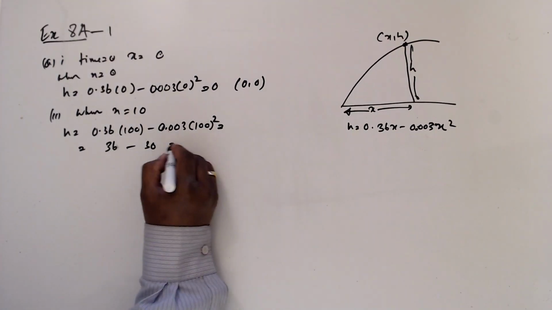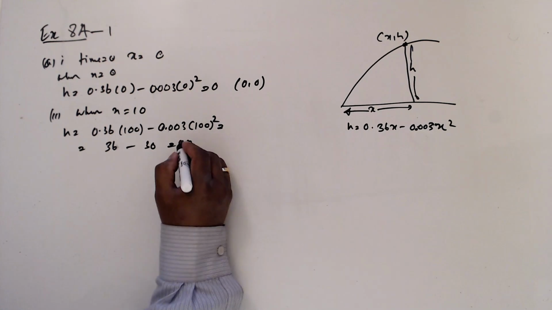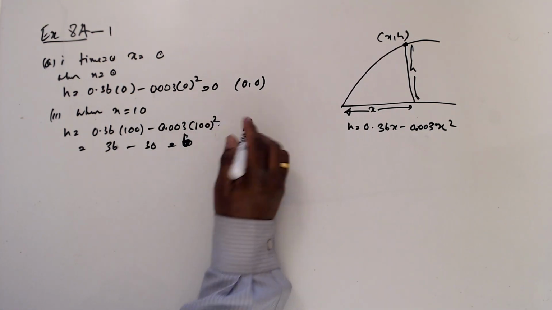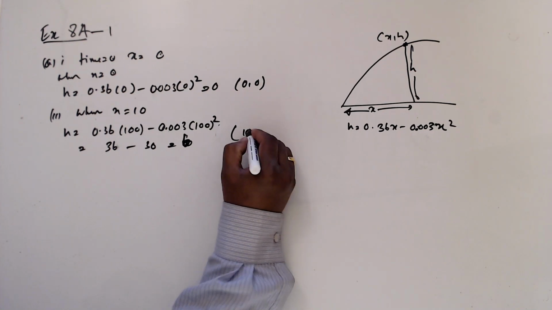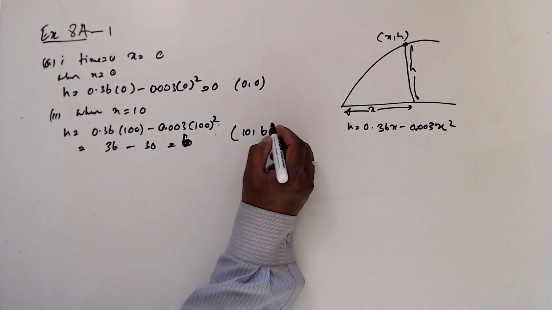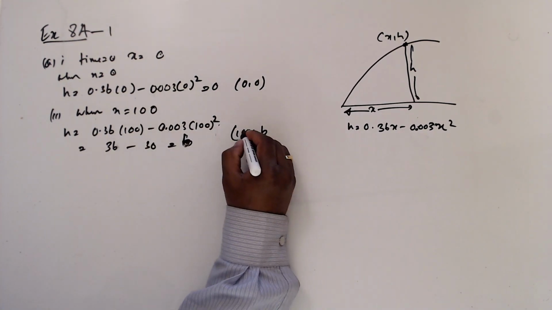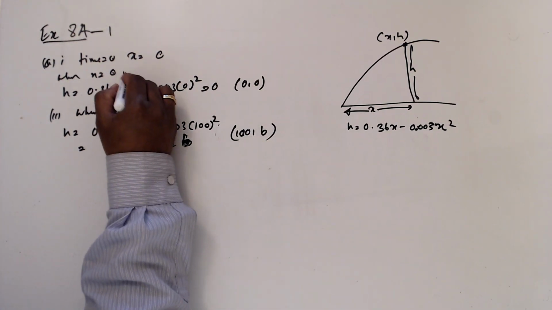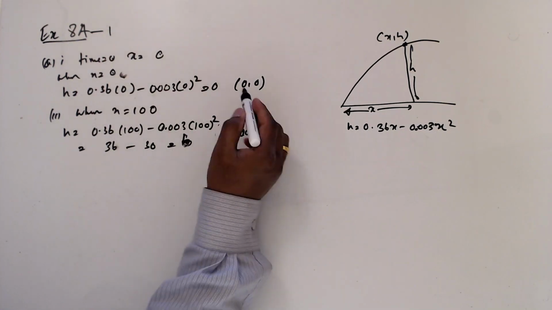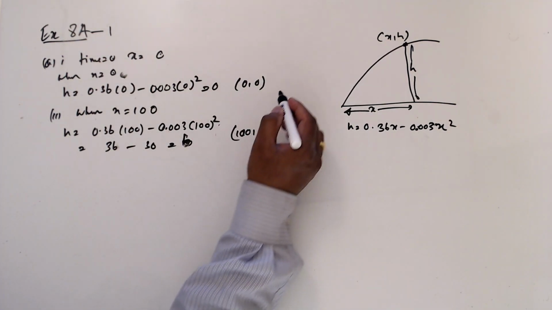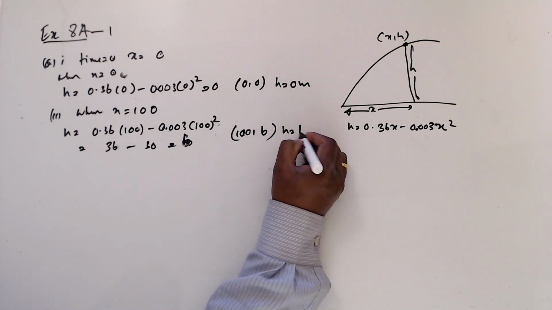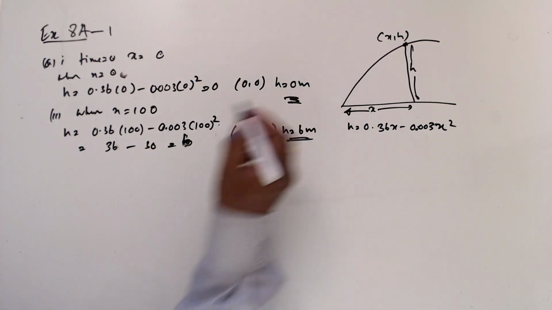So the answer is 6. So as a coordinate, it is 100 and 6. We'll write the answer as: here h equals 0 meter, here h equals 6 meter.